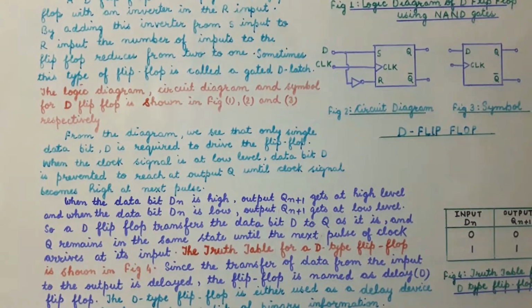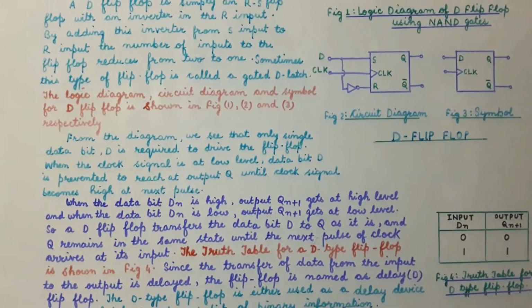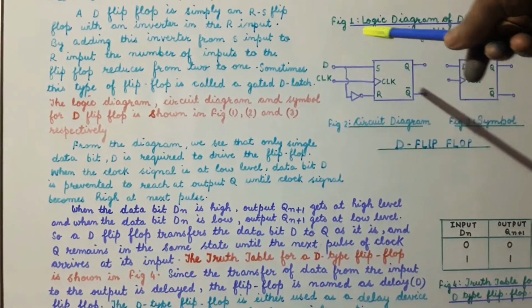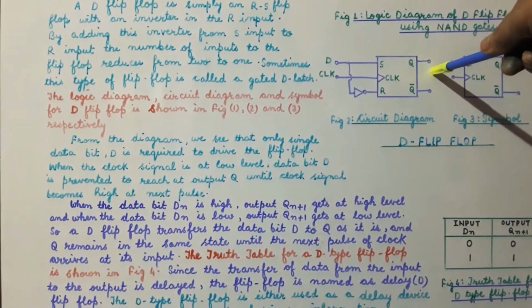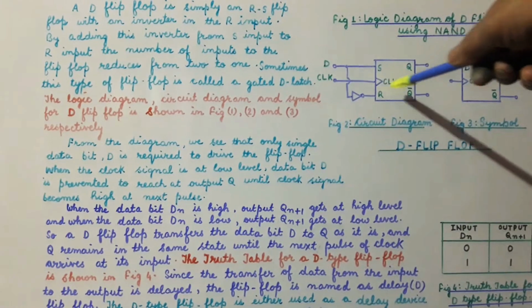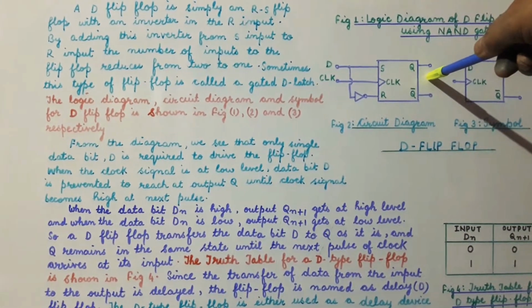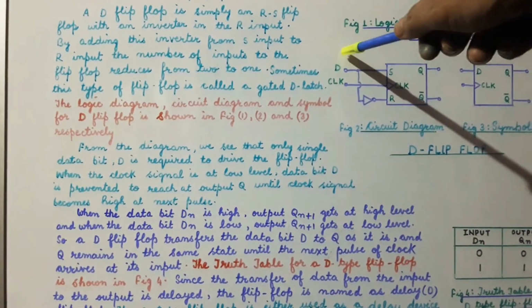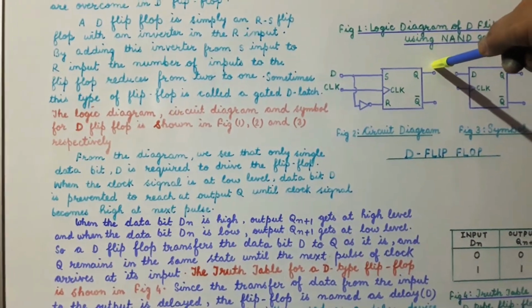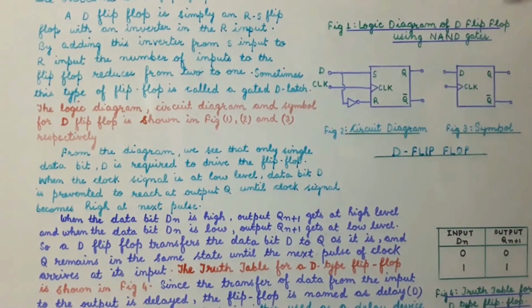When the data bit Dn is high, then the output Qn+1 also gets to high level. And when the data bit Dn is low, then the output Qn+1 gets to low level. मतलब जब D का वैल्यू हाई होगा, 1 होगा, तो यहाँ पर भी हमको 1 मिलेगा, जब D का वैल्यू 0 होगा तो फिर यहाँ पर भी हमको 0 मिलेगा.